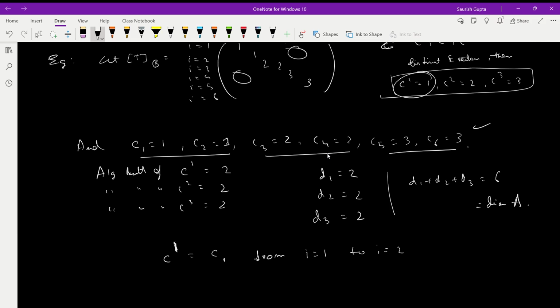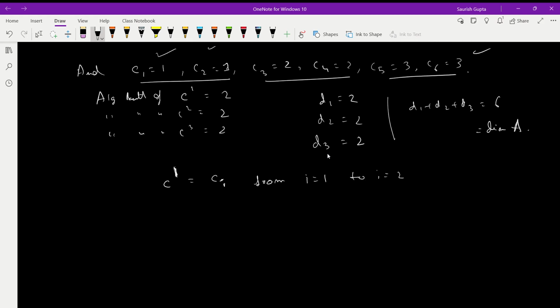So C upper index 1 is equal to C lower index i, this value 1. I should write i here; this will be better to understand.